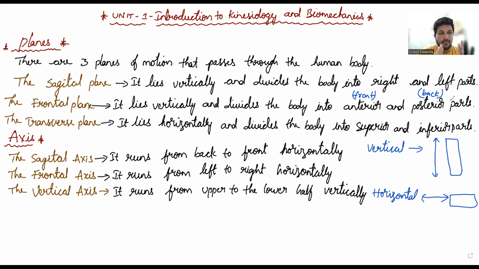I'll just show you the image so that it will be very clear for you. It is also a vertical plane passing through the medial portion of the body, which divides the body into front and back. Next is the transverse plane. It lies horizontally and divides the body into superior and inferior parts.